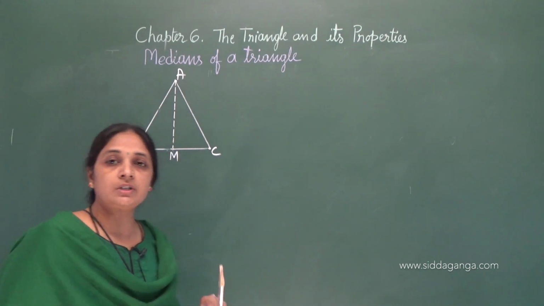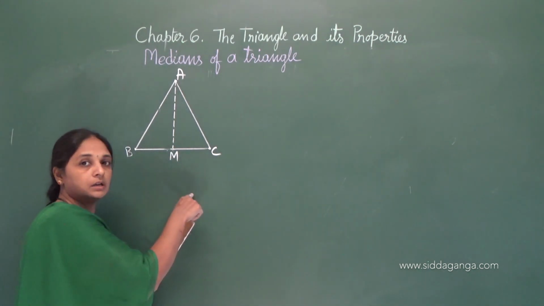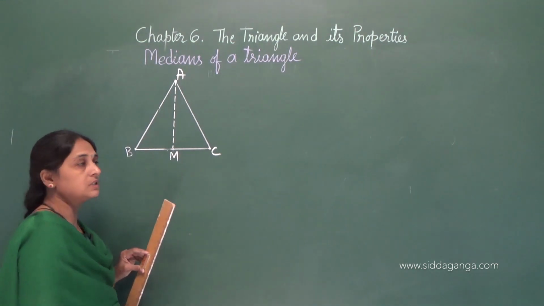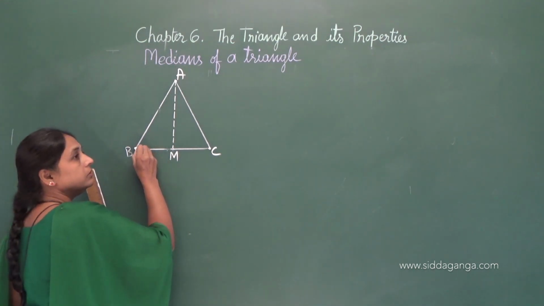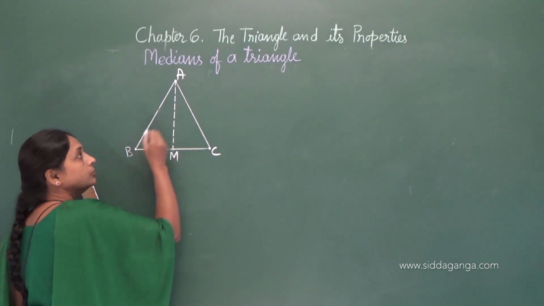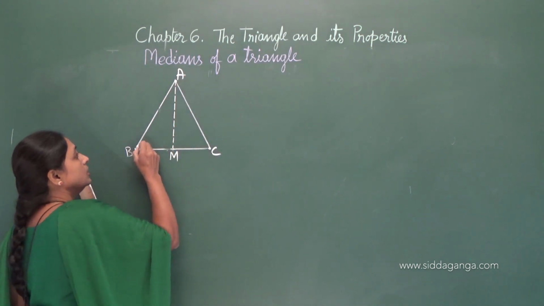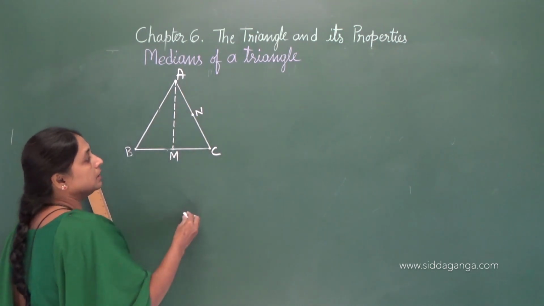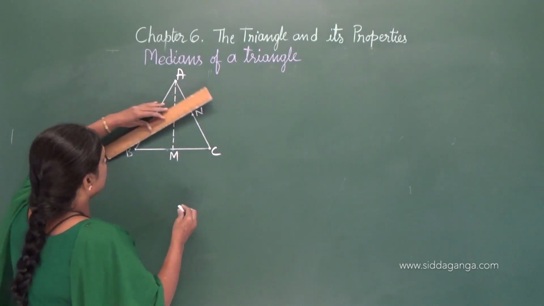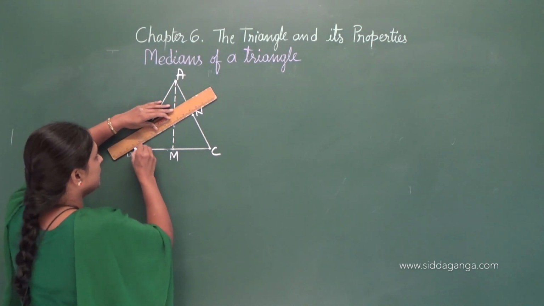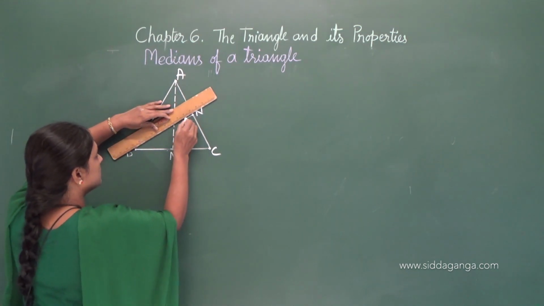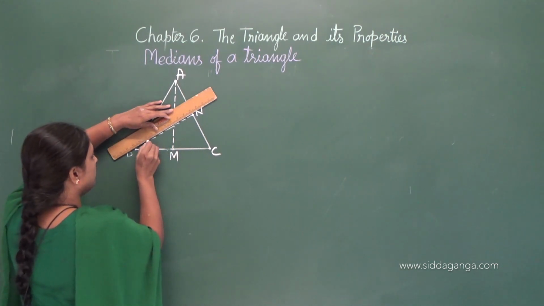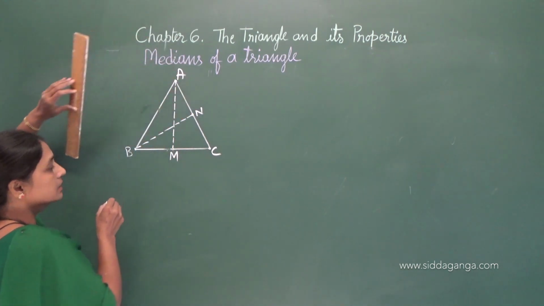So how many vertices are there in a triangle? It has three vertices. Then we can draw median for AC also. Okay, if we consider this point as midpoint of AC, when I join B to N, then it's a median, another median.